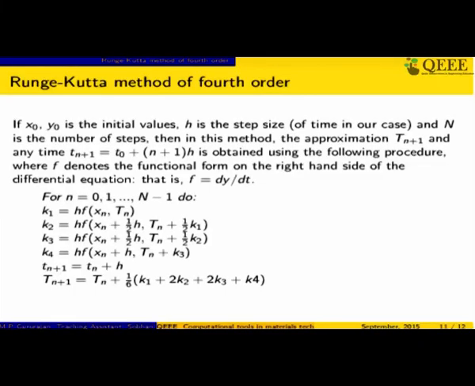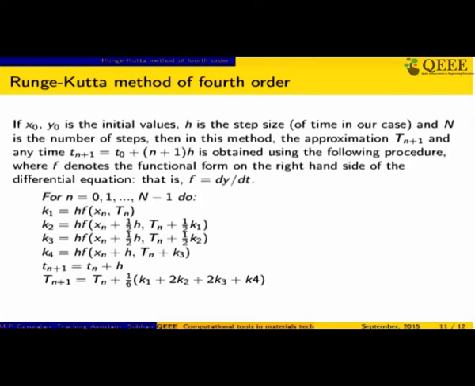The methodology used is the Runge-Kutta method of fourth order. Again you have x0, y0 as the initial value, h is the step size, and n is the number of steps. The approximation is similar to Euler's method, as you can see, but it takes intermediate steps before it gets you to the final solution. How does it do this? You calculate at xn, tn, in this case temperature, and then at xn plus half h and tn plus half k1, and then xn plus half h and tn plus half k2.